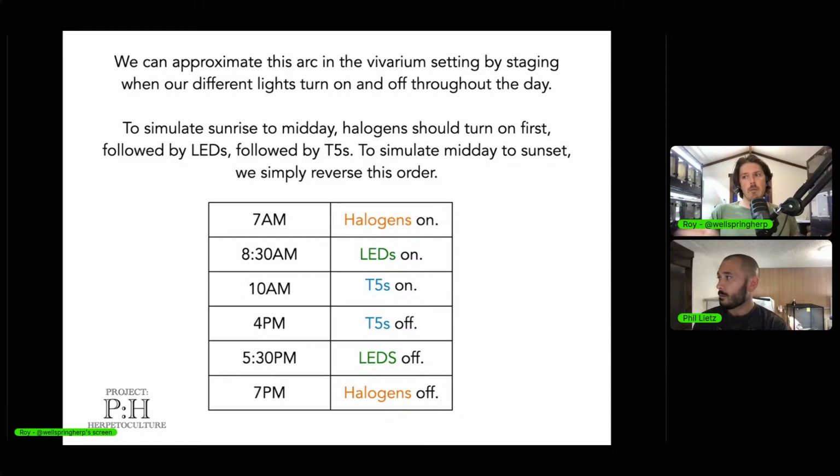And so to save on energy costs, because halogens are so resource hungry, I'll have those halogens turned off in the middle of the day some of the time. So they'll have two periods where the halogens are on in the day, morning and evening, and then off in the middle.